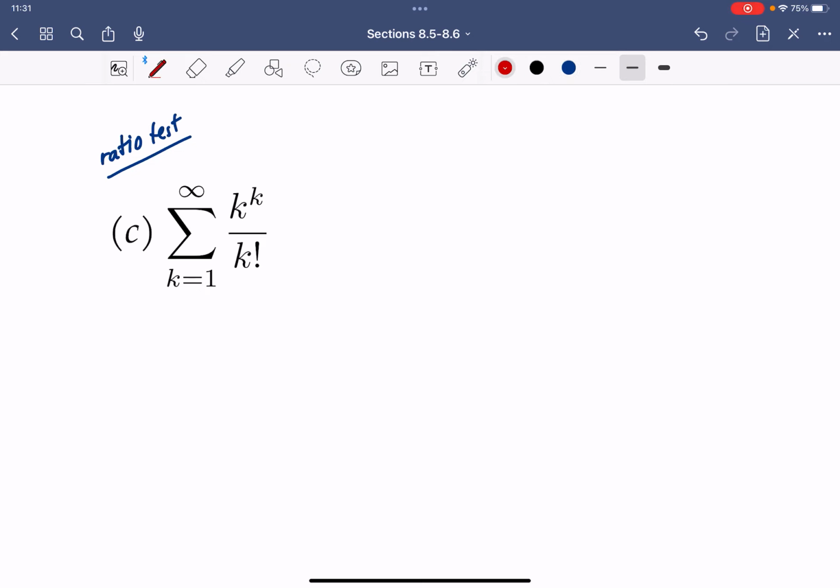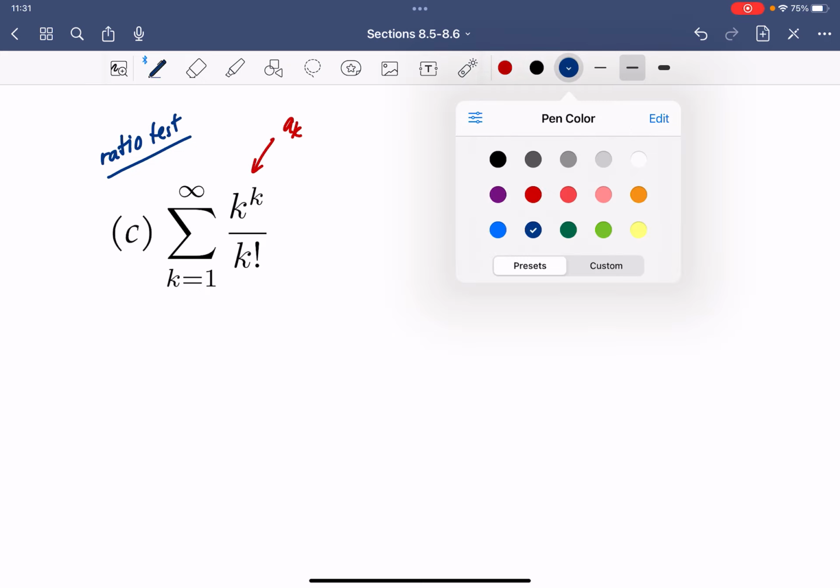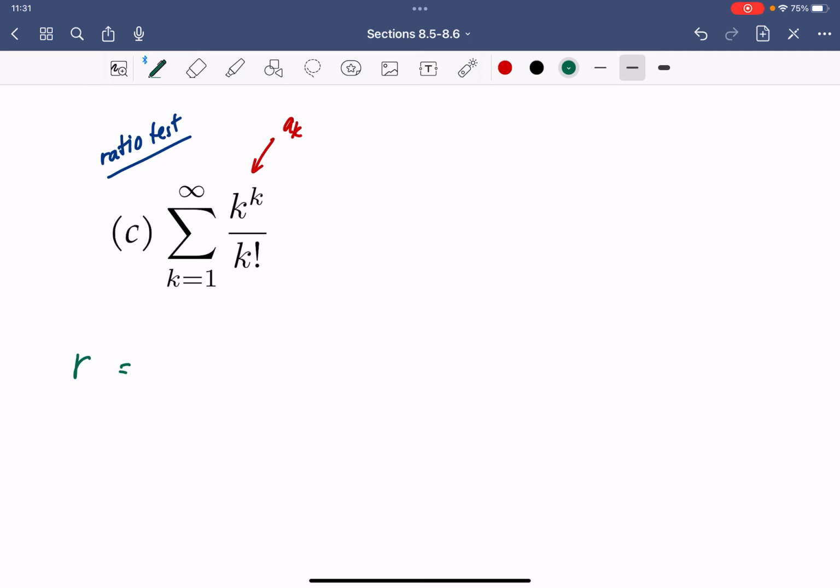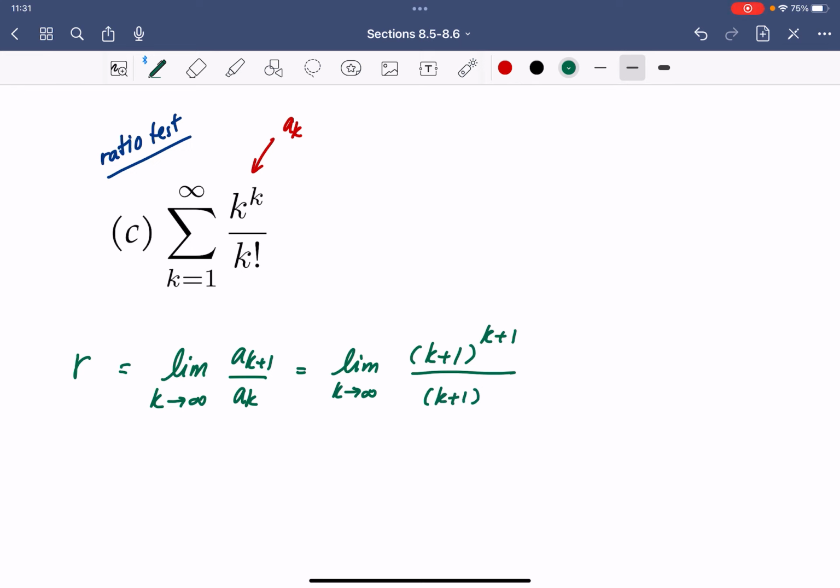Alright, we're gonna just say that this is my a_k. And then now you need to take the limit. R equals the limit of a_{k+1} over a_k, k goes to infinity. Let's see how do we cancel that one. So k plus 1 to the k plus 1 over k plus 1 factorial, this is actually just a_{k+1}.